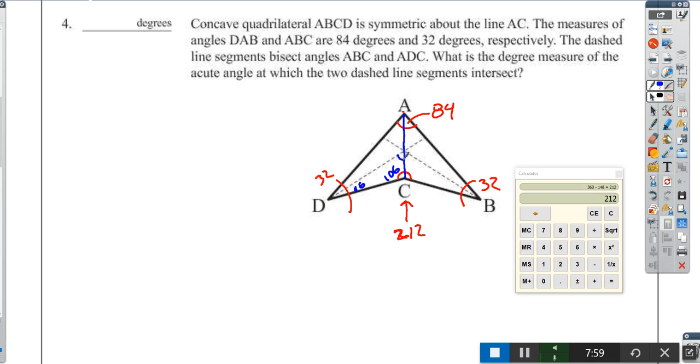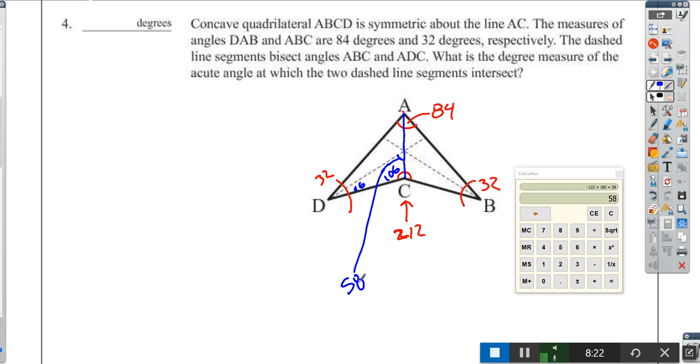I can find this angle, can't I? Because it's a triangle. So 106 plus 16, and I'm going to subtract that from 180. And so this angle here is 58 degrees.